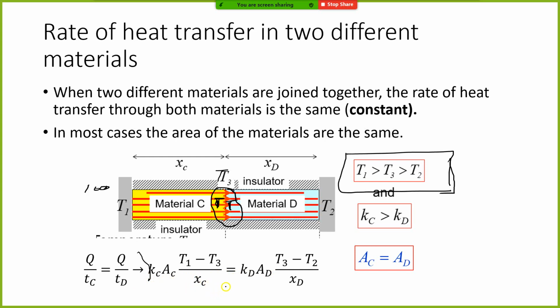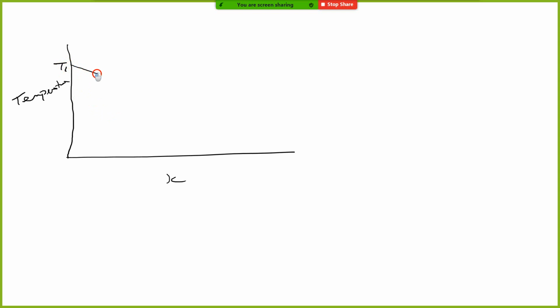But what I need to highlight is the temperature gradient, because this one can be a little bit tricky, right? Imagine that I'm plotting a graph for my temperature gradient. On this side is going to be my temperature, and this side is going to be my X, which is talking about the thickness or the length. So this is going to be T1 on this side, and T1 is going to have a temperature gradient as such.